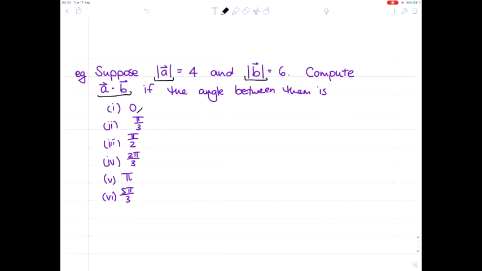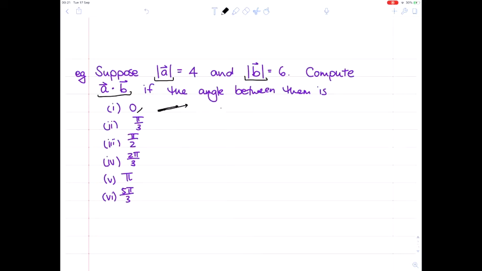So if you think about this case, we're thinking about a vector A, which has length 4, and a vector B. Since the angle between them is 0, they're lying parallel to each other, something like so. So we expect that our dot product should give a biggish value.